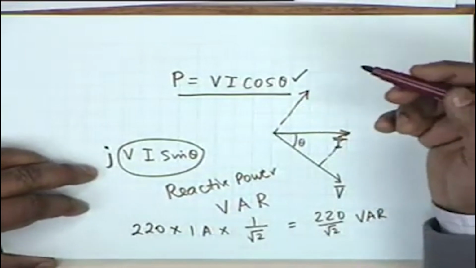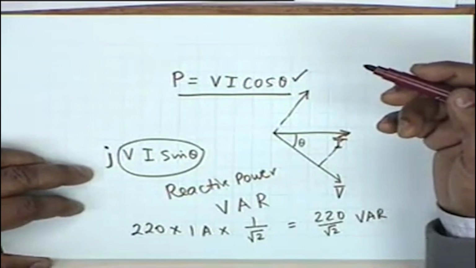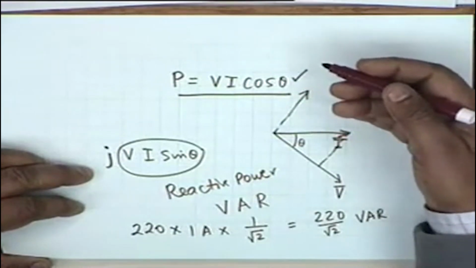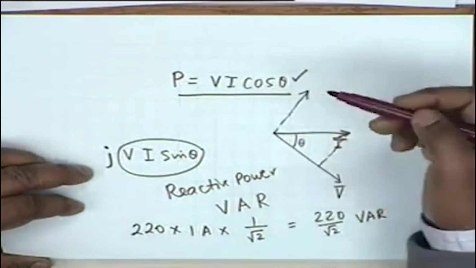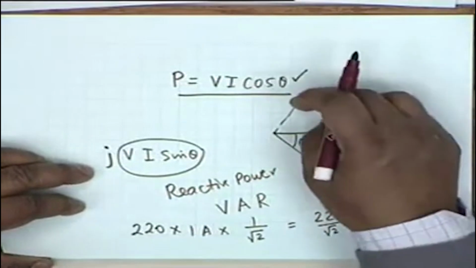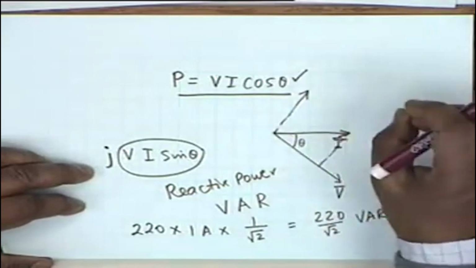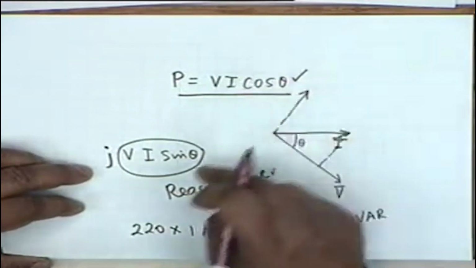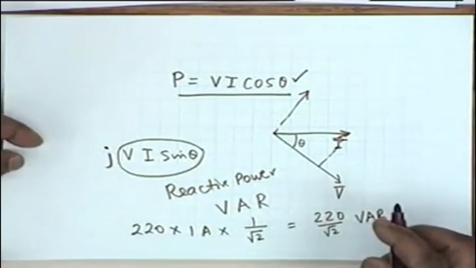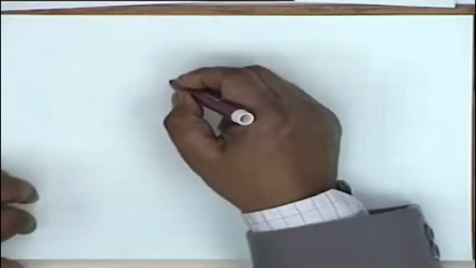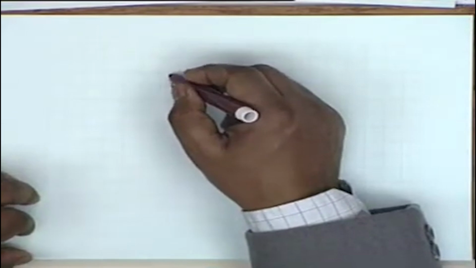And if you consider power as a complex quantity, now if you consider power as a phasor, voltage is a phasor, current is a phasor. If you consider power as a phasor, then obviously Vi cosine theta is its real part, and the real part is the part that is dissipated, that is irrecoverable from the circuit, and its imaginary part shall therefore be the VAR. All right, and therefore the power can also be considered as a complex quantity, and this is called complex power.